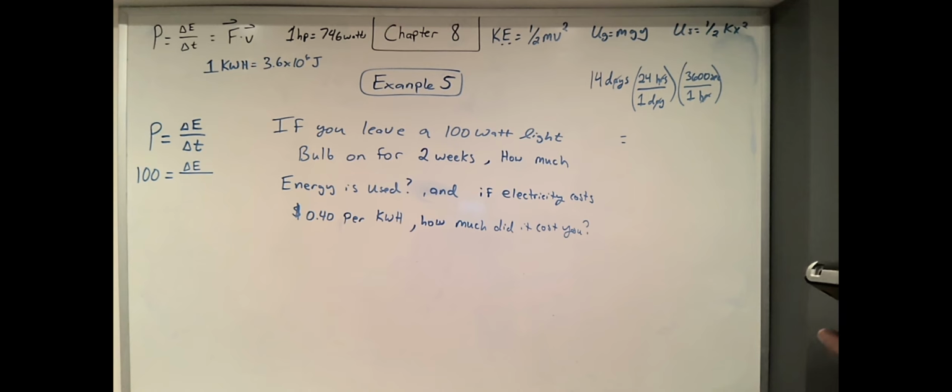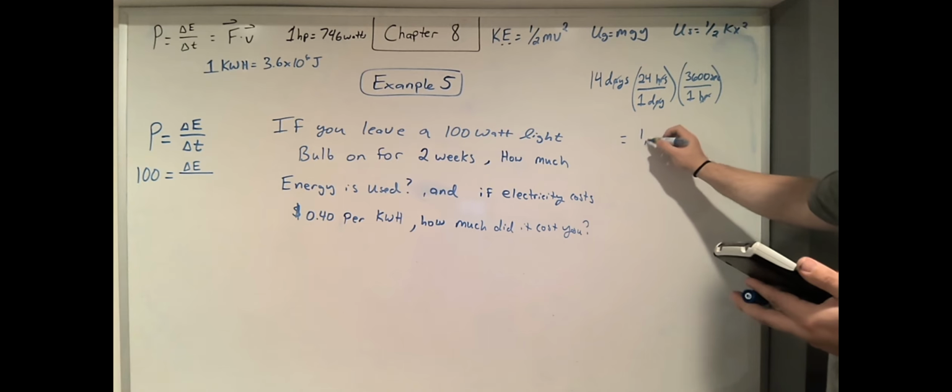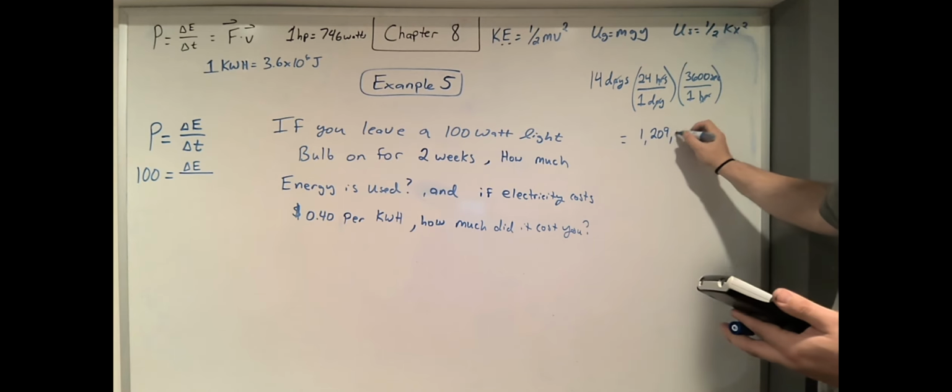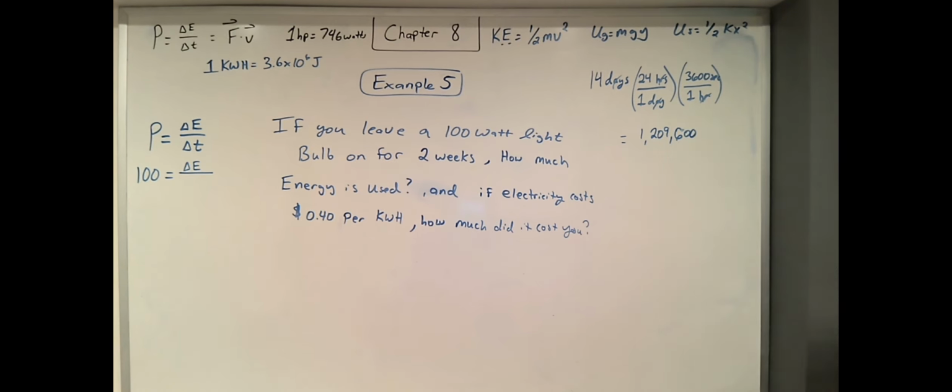So 14 times 24 times 3,600 gives us a lot. 1,209,600 seconds. That's the amount of time that passes in 2 weeks.